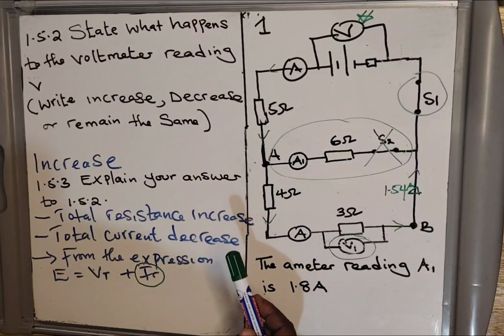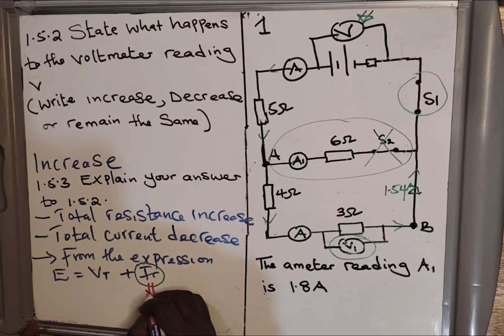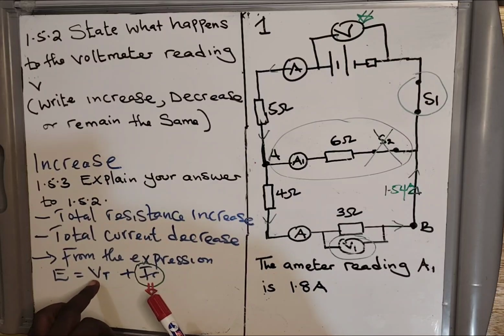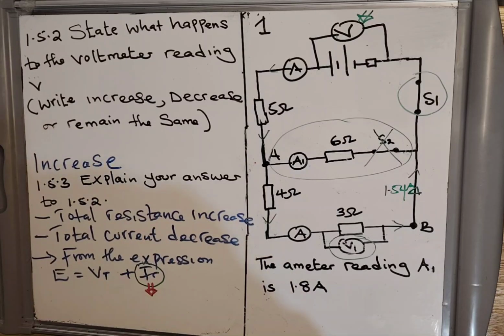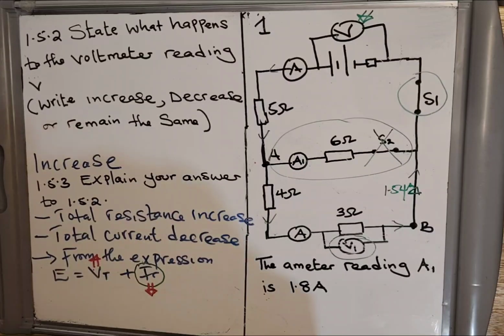It goes where the current goes. When the current decreases, this factor will come down, will decrease also. So in other words, this one will decrease. Are you there? And when it decreases, remember we said EMF is constant. So when this one decreases, what is its effect on the voltmeter reading? Voltmeter reading will increase to maintain E constant.